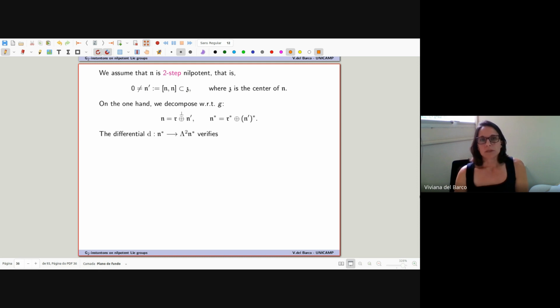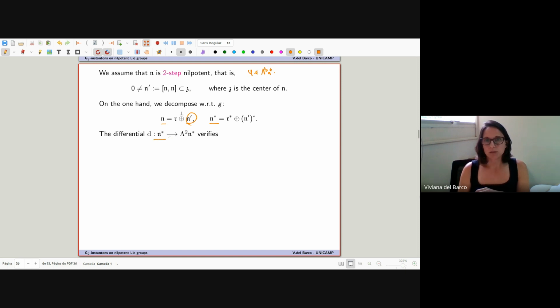On the one hand, once we have a two-step nilpotent algebra, we can decompose the algebra. Of course, we are carrying here a 3-form, which induces an inner product. So I have n prime, and I consider the orthogonal complement. I can decompose the algebra, and then the dual of the algebra, which can be seen through this orthogonal decomposition as well. And I have the differential here.